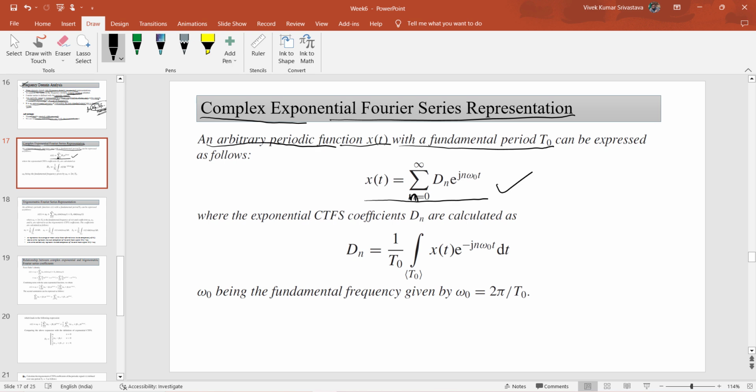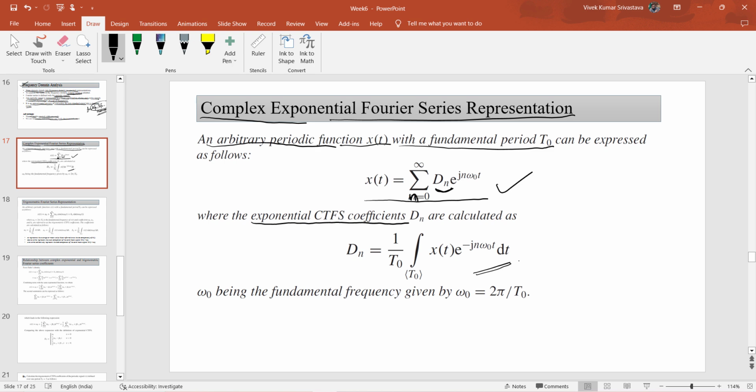This d of n is the exponential coefficient, which we can determine as d n equals 1 over t naught integral of x of t e raised to the power minus j n omega naught t dt. By using this expression we can determine the exponential Fourier series coefficient.